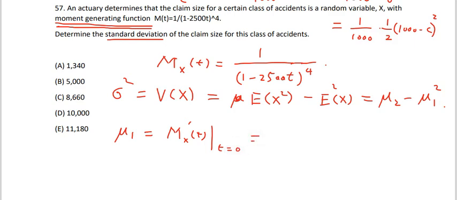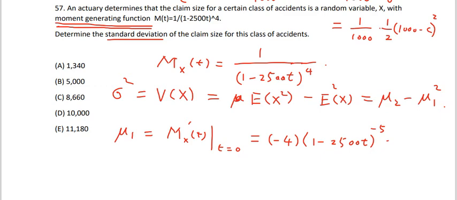So we just use the derivative. This derivative, we can put the exponent, negative 4, so the derivative is t to the negative 5, then multiply by the derivative of the inside, 2500.